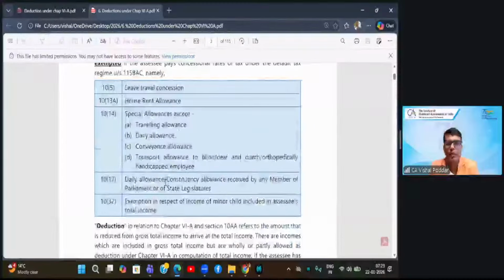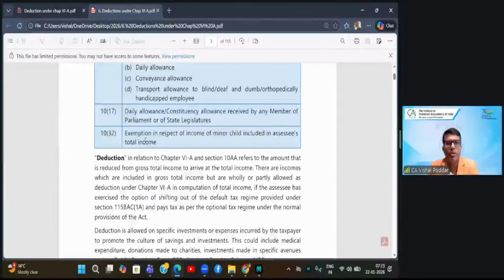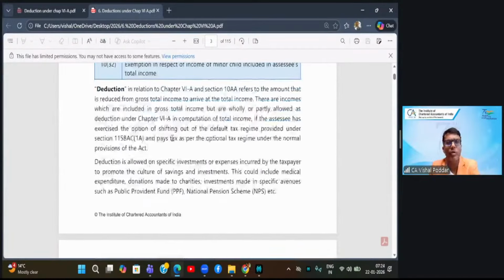Here some examples are given, and I'm sure you remember many of these from studying the chapter on salary. Some you would have studied while studying the topic of clubbing. So these are some examples of section 10 exemptions. On similar lines, you have deductions, which is the present topic, called chapter 6A deductions, and then there is one more, section 10AA. Now, what is the difference?